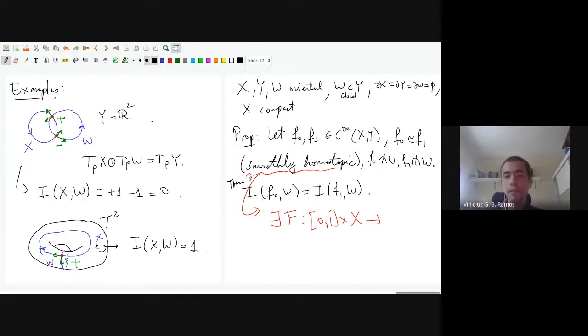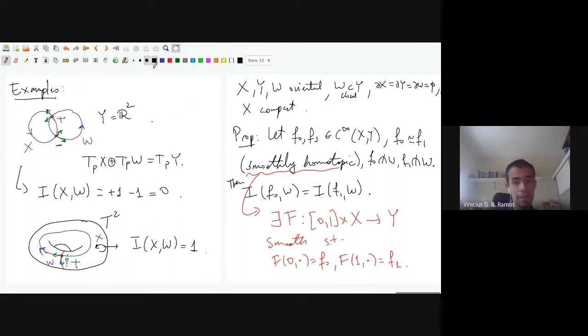Okay. So being smoothly homotopic means that there exists what's called a homotopy from one to the other, so this is a smooth map from [0,1] times x, such that f of 0 dot is f0 and f of 1 dot is f1.